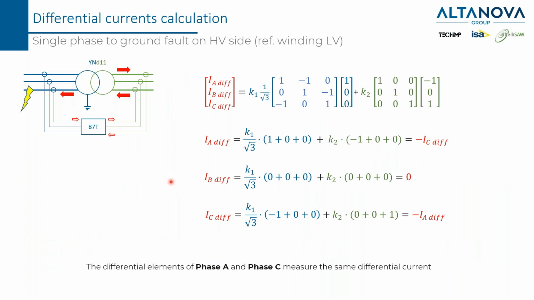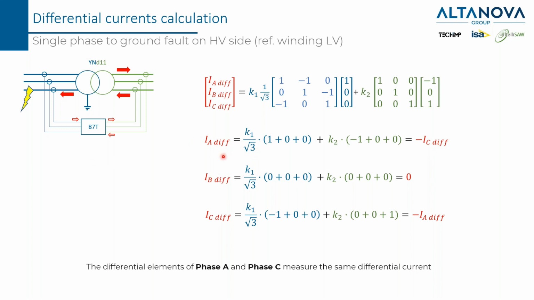It must be understood that in this case, for a single phase to ground fault, there will be not only one differential current that will be measured by the relay, but two.